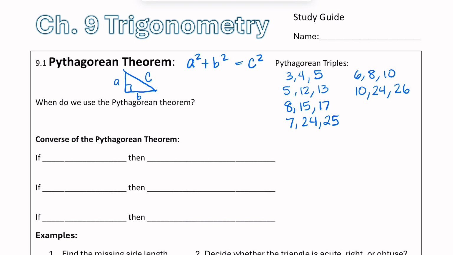When do we use the Pythagorean theorem? Well, first of all, we can only use it with a right triangle. Okay, so that theorem is not going to work if we have an obtuse or acute triangle. It won't be equal. And we can use it to find the missing side.